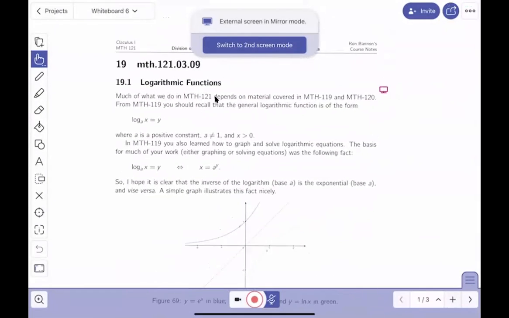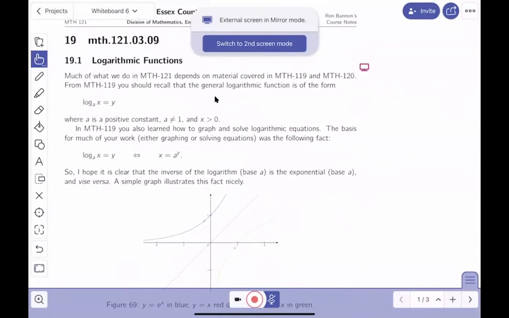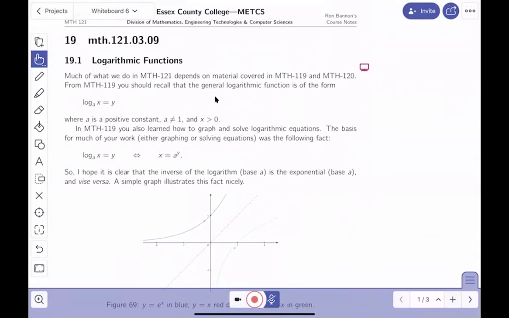Okay. So much of what we do in Math 121 depends on the material covered in Math 119 and 120. This section is going to depend on 119 though, and that's because it's based on your knowledge of logs.